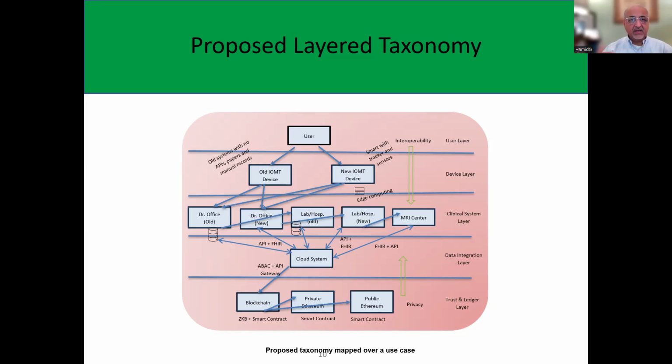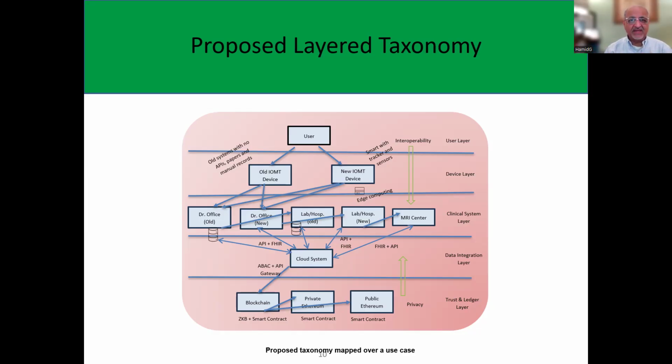Similarly, at the clinical level, you have doctor offices, laboratories, hospitals, radiology, pathology, and all of those. Again, you have a variation of old systems and new systems. Some old systems may not have any interoperability.